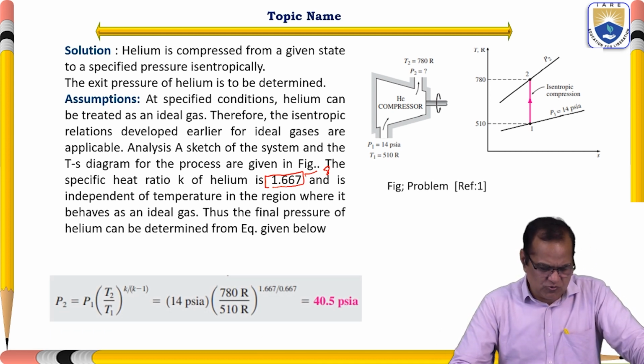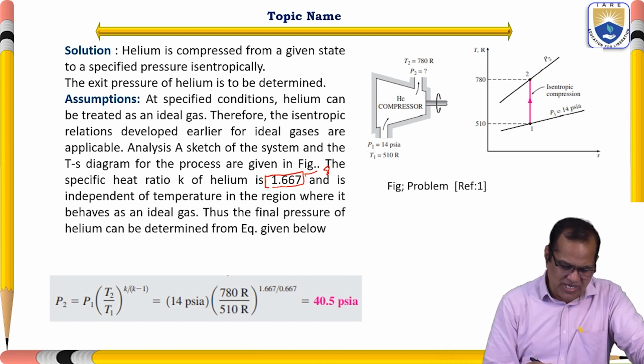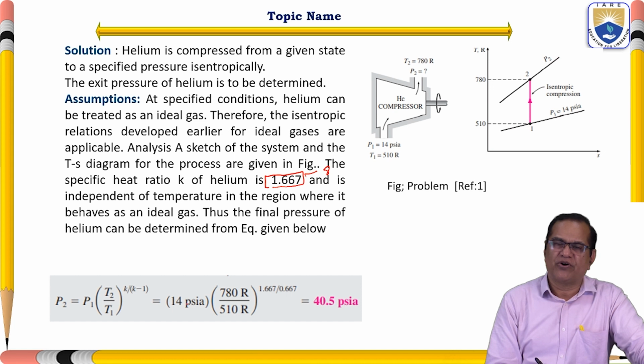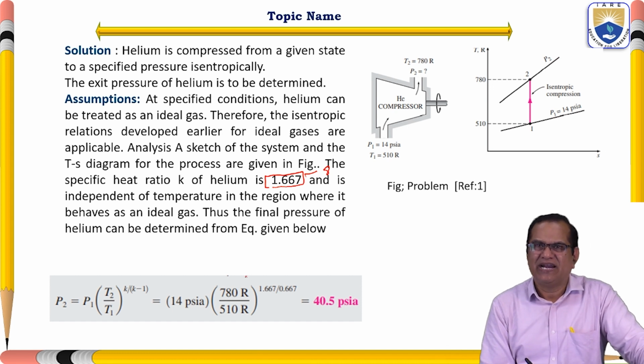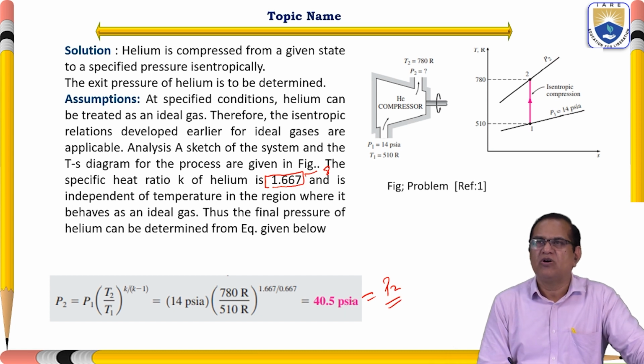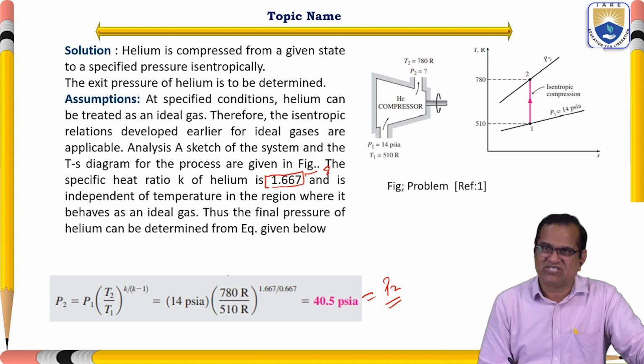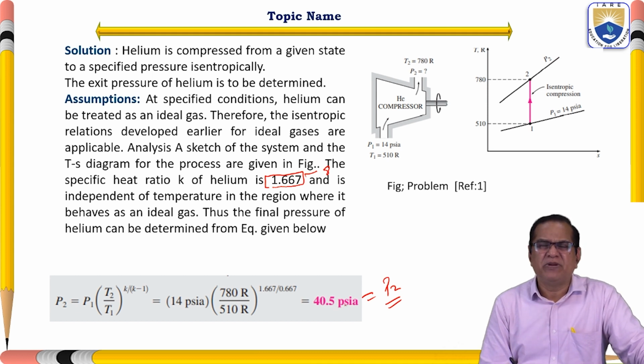P2 by P1 is equal to T2 by T1 to the power gamma by gamma minus 1. Here P1 is equal to 14 psi, T2 is equal to 780 and T1 is equal to 510. So we will get P2 is equal to 40.5 psi, pounds per square inch. So we got P2 directly.